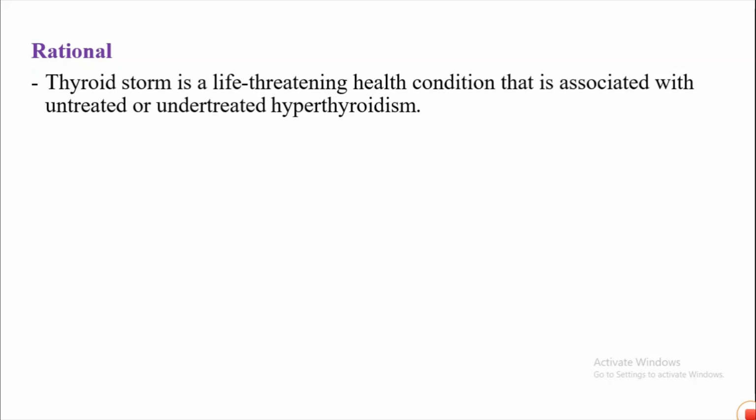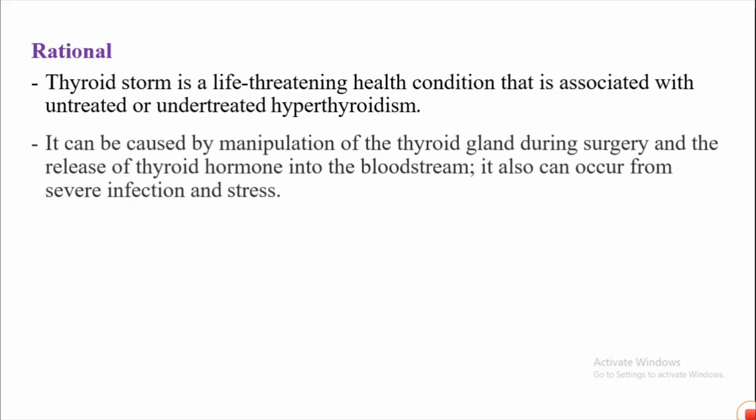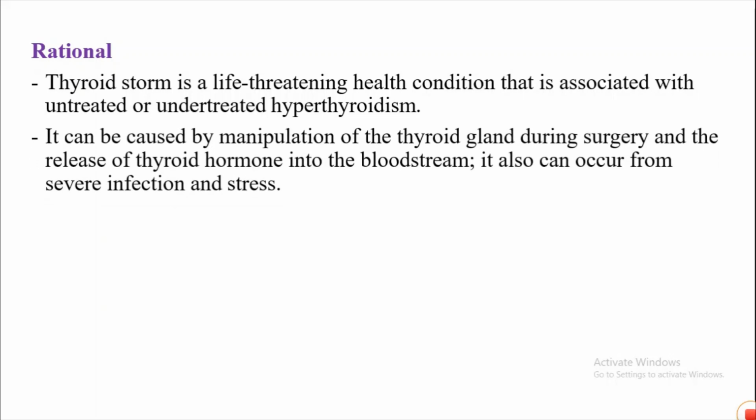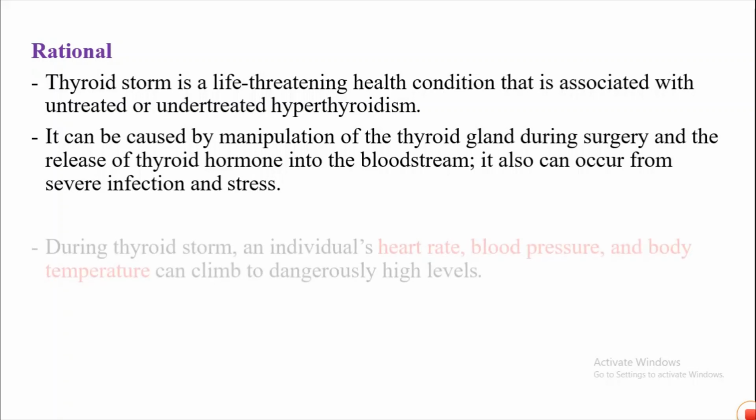Thyroid storm is a life-threatening health condition that is associated with untreated or undertreated hyperthyroidism. It can be caused by manipulation of the thyroid gland during surgery and the release of thyroid hormone into the bloodstream. It also can occur from severe infection and stress.